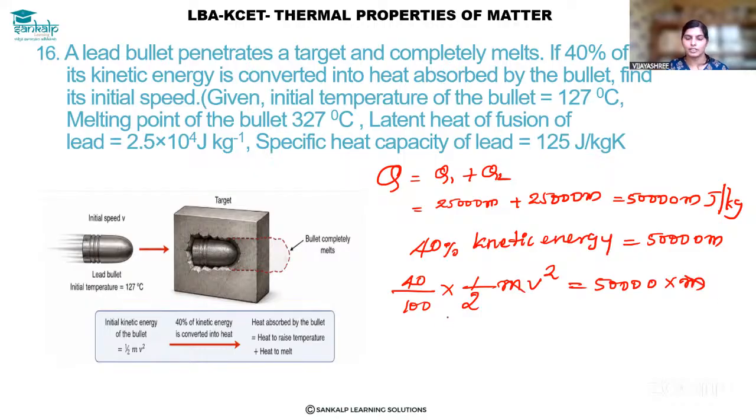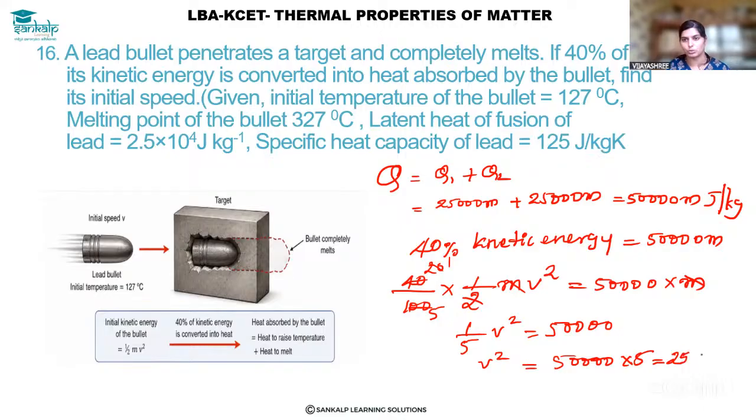So m get cancelled here, which is equal to 1 by 5 v square equal to 50,000 ಆಯ್ತು. 1 by 5 times v square equal to 50,000 ಆಯ್ತು ಅಲ್ವಾ? ಸೊ ವಿ ಸ್ಕ್ವೇರ್ ಈಕ್ವಲ್ ಟು 50,000 ಇಂಟು 5 ವಿಚ್ ಇಸ್ ಈಕ್ವಲ್ ಟು ಎಷ್ಟಾಯ್ತು? 50,000 ಇಂಟು 5 ಅಂದ್ರೆ 2,50,000 ಆಯ್ತು ಅಲ್ವಾ? 2,50,000 ಆಯ್ತು. ರೈಟ್.